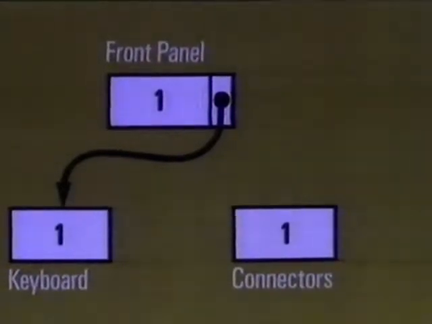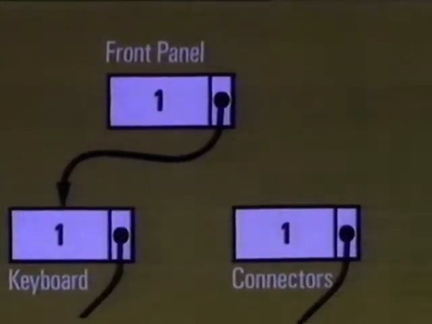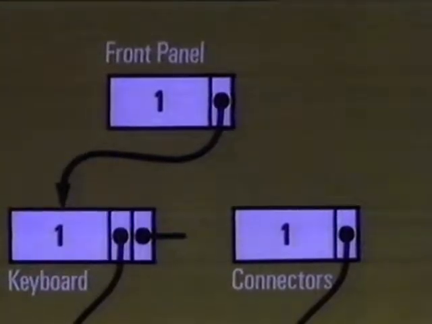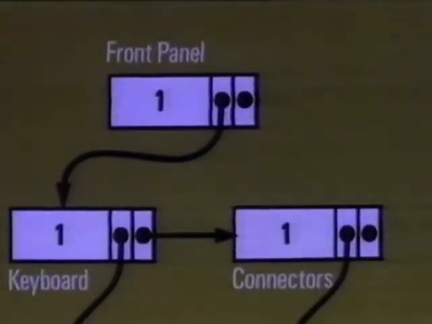Every record has this pointer, pointing down the tree to the first component on the next level. But there's also a pointer across, from the keyboard assembly to the next one at the same level. Again, every record has this pointer. If there's nothing else at that level, we have a special pointer, the null pointer.